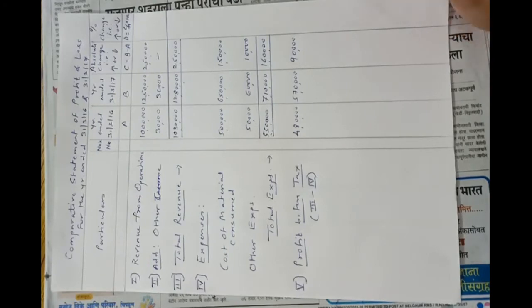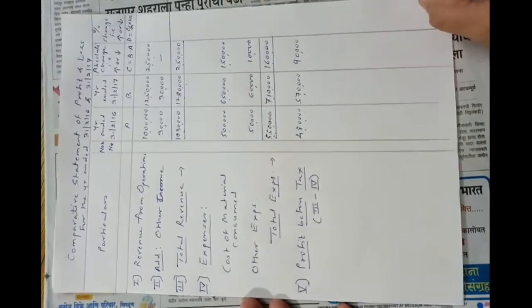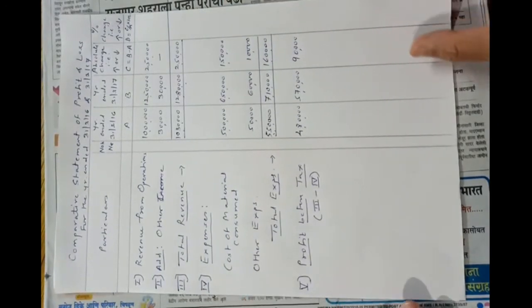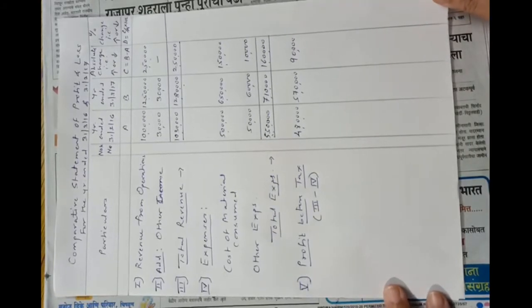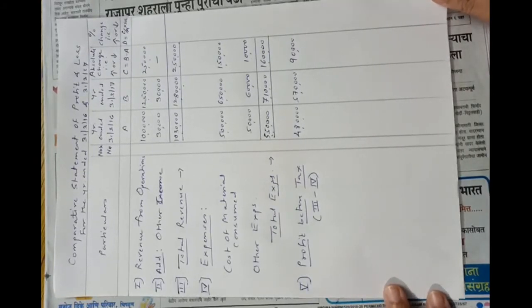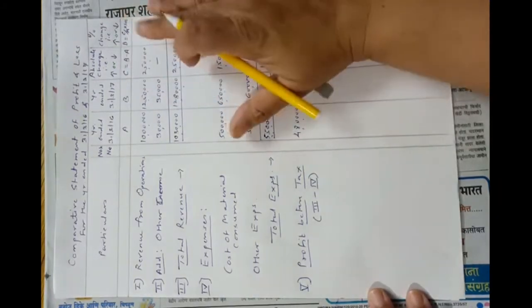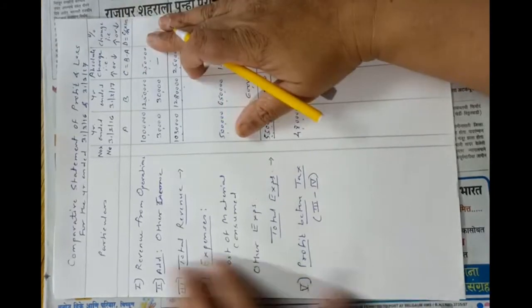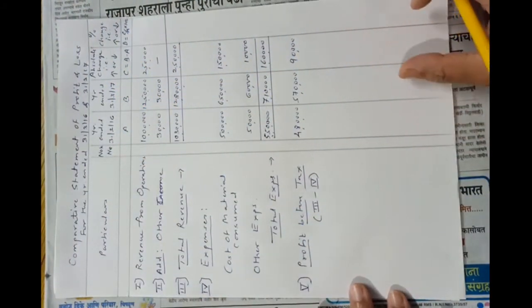Okay, here we have completed constructing the format of the comparative statement of profit and loss, and we have calculated the absolute change, that is absolute increase and decrease in the figures. Okay, now we will calculate percentage change, that is increase or decrease in every item.